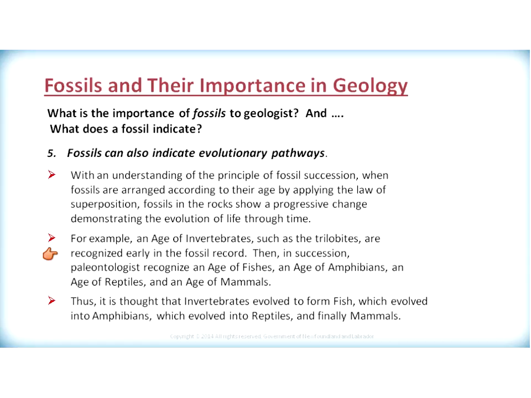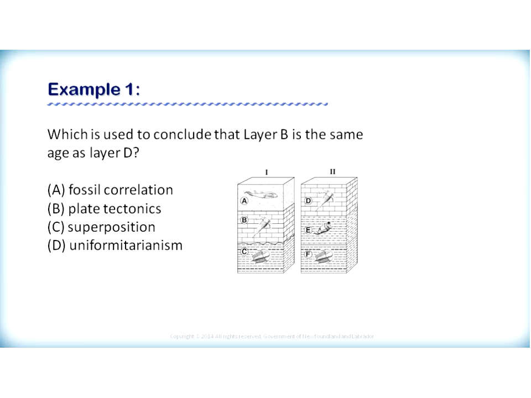Then, in succession, paleontologists recognize an age of the fishes, which are represented in the middle Paleozoic, an age of the amphibians, which is located in the late Paleozoic, followed by an age of the reptiles in the Mesozoic, and the age of the mammals in the Cenozoic. Thus, it is thought that invertebrates evolved to form fish, which evolved into amphibians, which evolved into reptiles, and finally evolved into mammals.